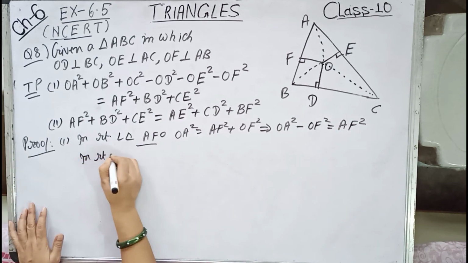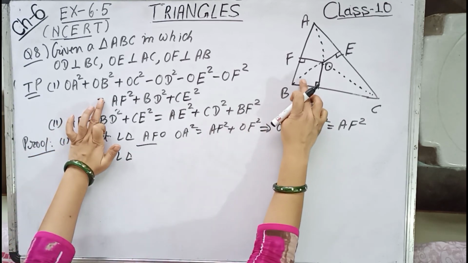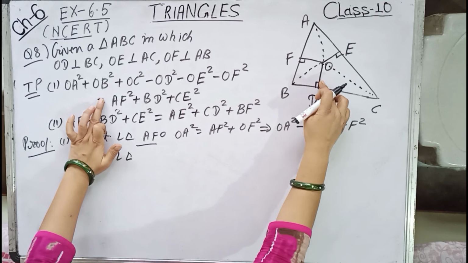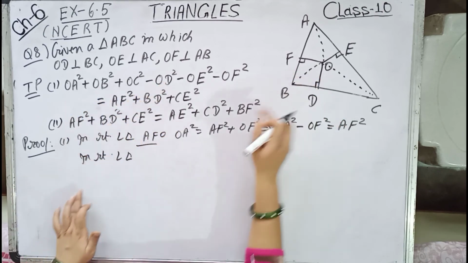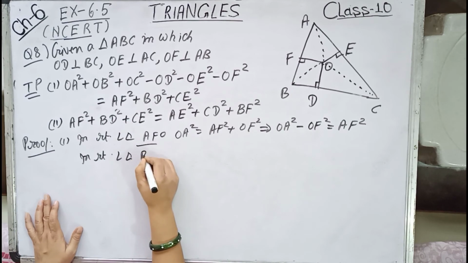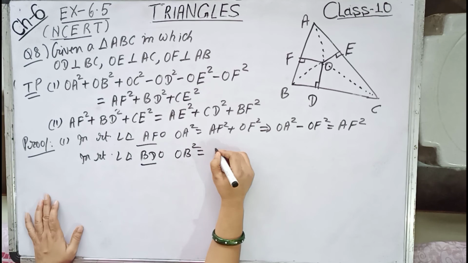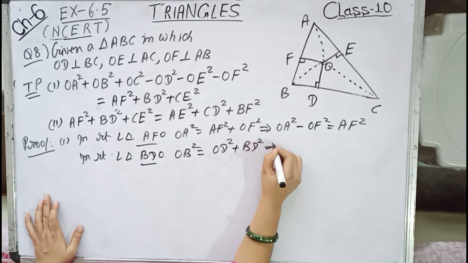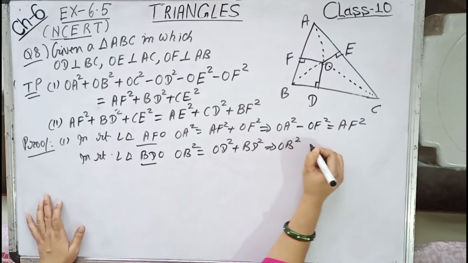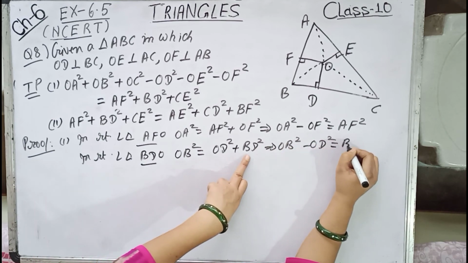In right angle triangle, now we have to find OB. We can do in this and this also, but OD is there, so I'll be using this one. So in triangle BDO, OB square equals to OD square plus BD square. This implies OB square minus OD square equals to BD square.